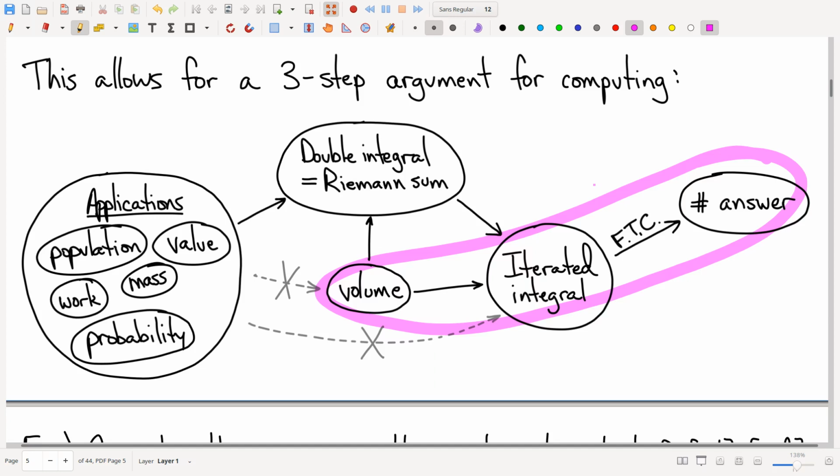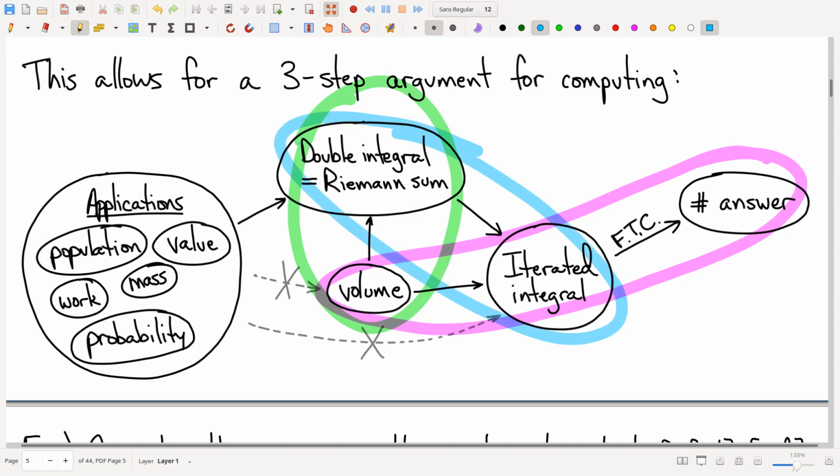Fundamental theorem times 2 gives us an answer. That's what we did last time. We've just gotten through arguing that you could also compute the volume with a double integral, thus pointing out that I can compute double integrals with iterated integrals. So now I've got all these connections.